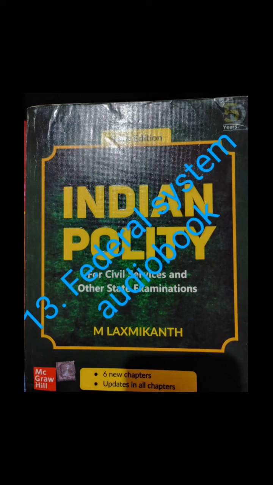The various amendments carried out since 1951 have deleted about 20 articles and 1 part, Part 7, and added about 95 articles, 4 parts, 4A, 9A, 9B and 14A, and 4 schedules, 9, 10, 11 and 12. A majority of 2/3 of the members of each house present and voting and a majority of the total membership of each house.